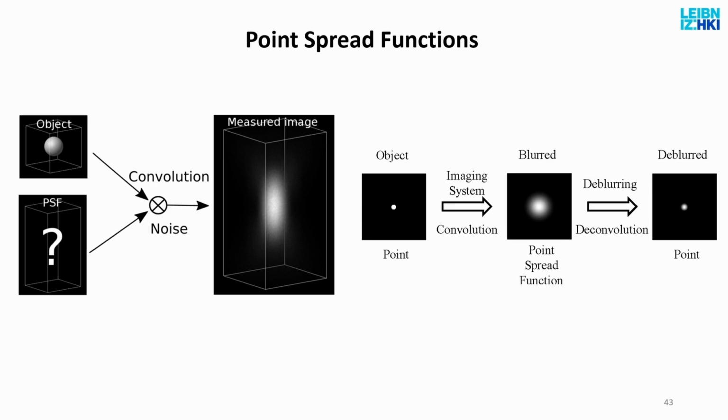Well, I can, and this can be mathematically described with the so-called point spread function. The point spread function is basically a blurring function, a smoothing function, which will turn the object, let's say a very small sphere, a 100 nanometer sphere, into a diffracted pattern which looks like that.